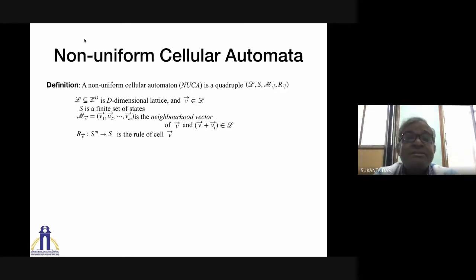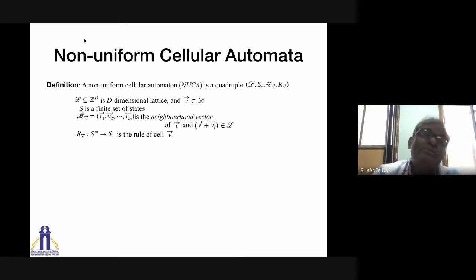Note that for cell V, the cell depends on m neighbors. For another cell, say X, that may depend on m' neighbors.